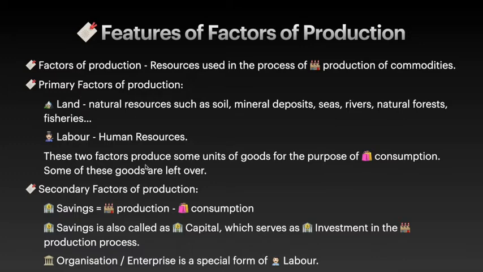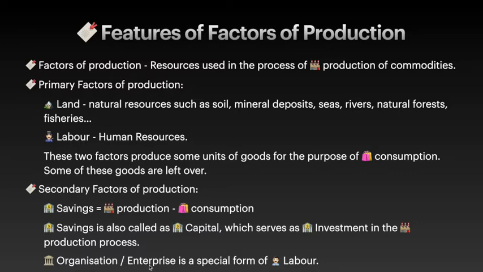These two factors of production produce some units of goods for the purpose of consumption. Some of these goods are left over. Thus, savings is production minus consumption. Savings is also called capital, which serves as investment in the production process.